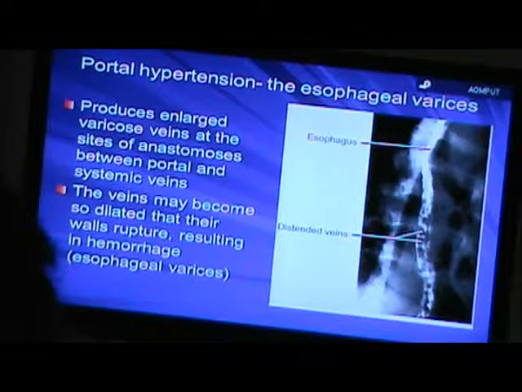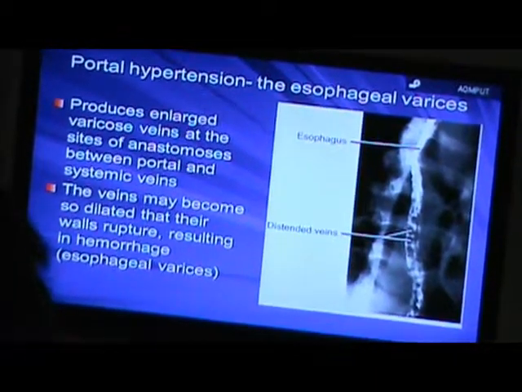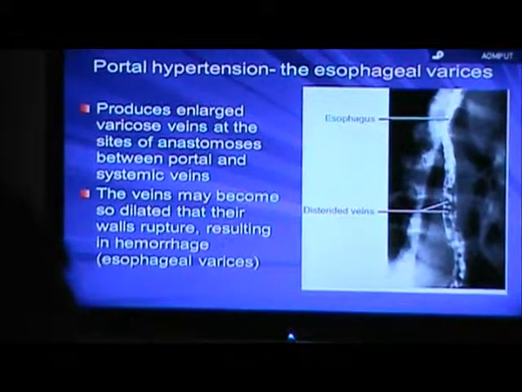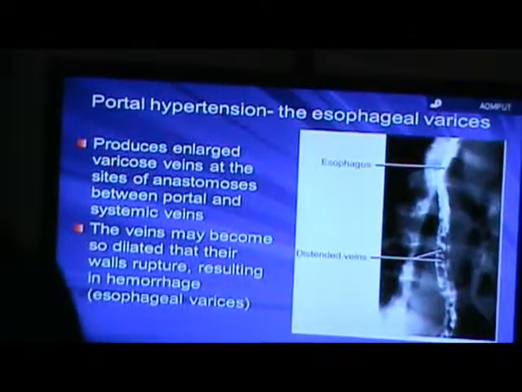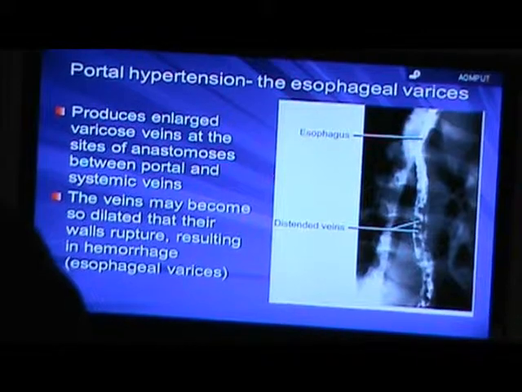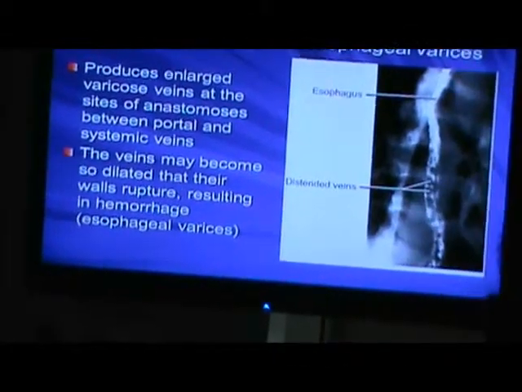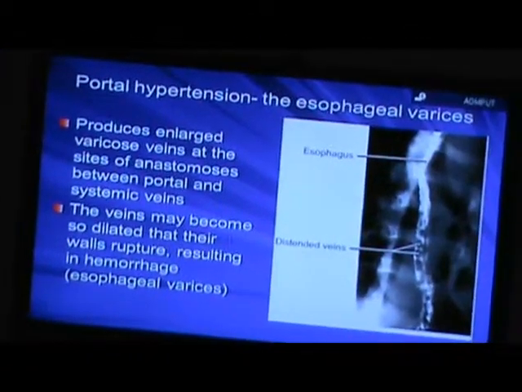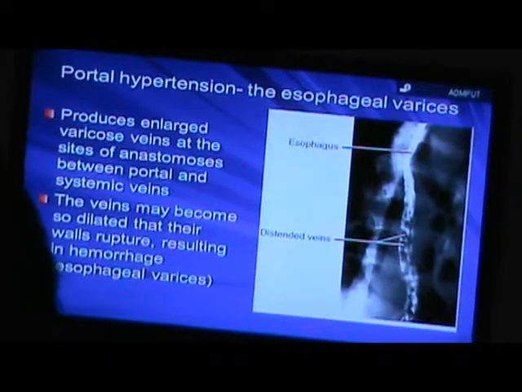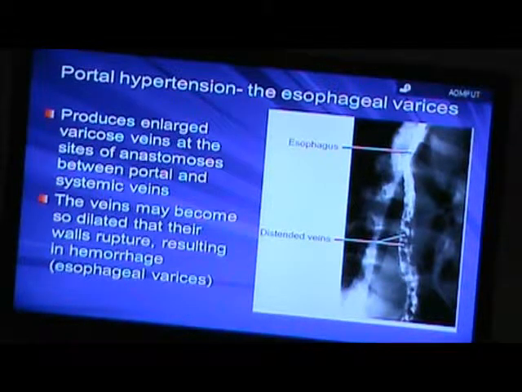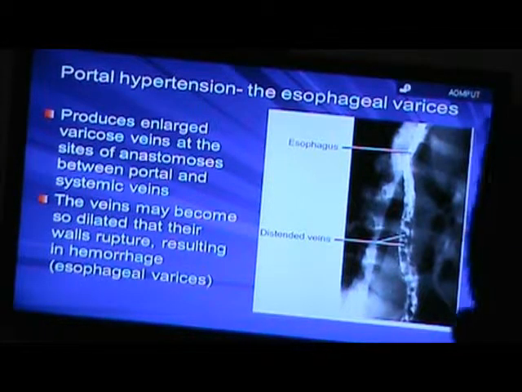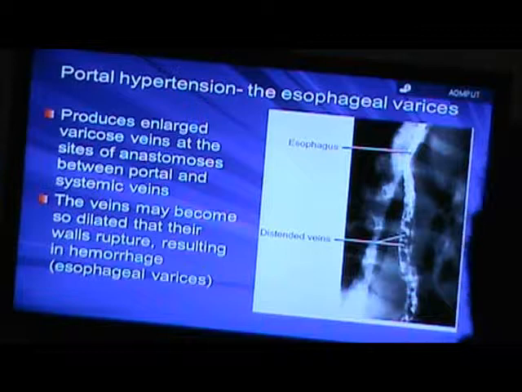So when there is portal hypertension because of some diseases of the portal vein or liver, the blood needs to go to the esophageal veins, but esophageal veins normally are not big vessels, so when portal hypertension is present, they become varicose, they extend because they need to admit more blood than is possible, and they are distended.